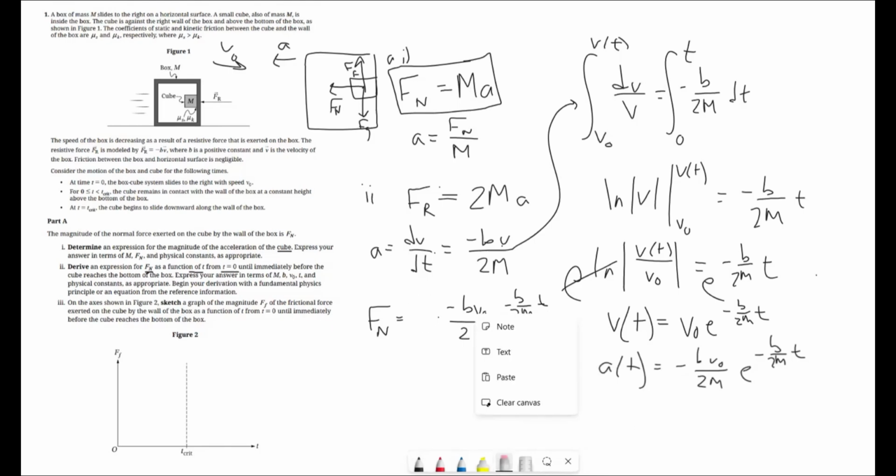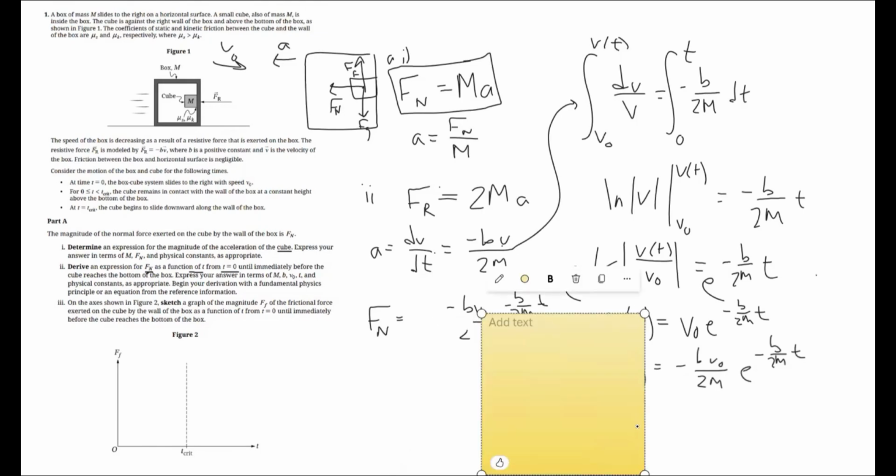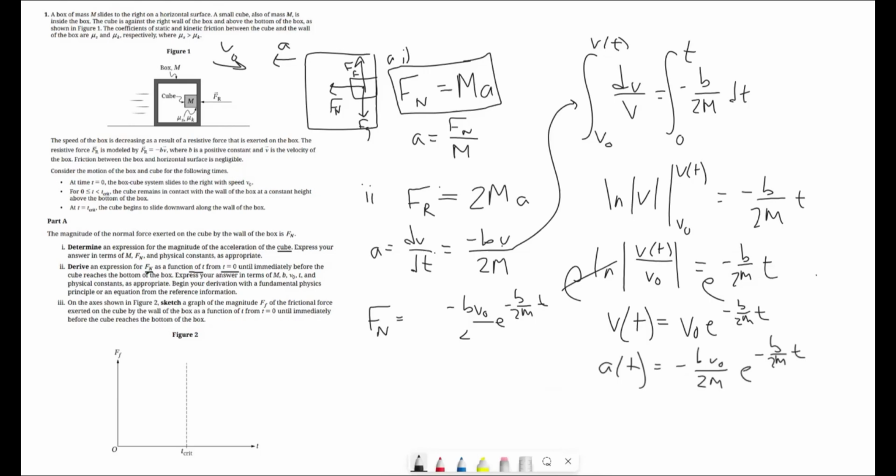We can double check here, is our answer matching that we're using all the constants that we need? Well, we can see we have b, v sub 0, t, which we have as a function of t, and m, and then e is just a number. So all of this is using what we need, and it is what F sub n equals. So that would be the answer to part 2.